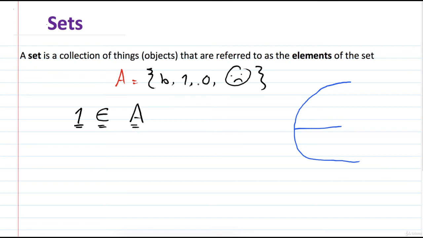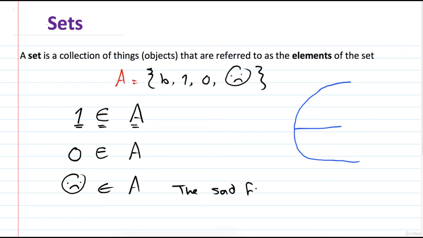If I want to say that 0 is an element of A, well, 0 is an element of A. The sad face is an element of A. Okay, so do you see? All these letters and words, you can compress them into 3 symbols.